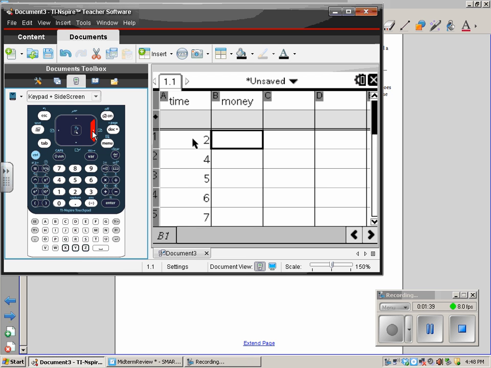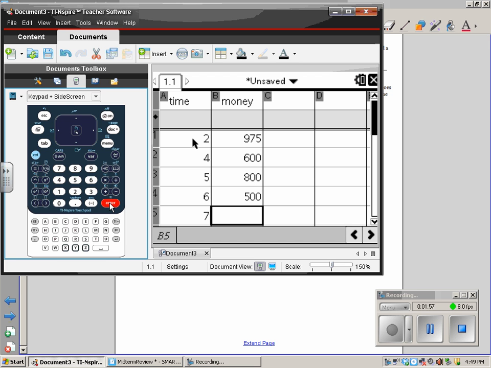And the money, he starts with 975 after 2 hours since noon, 600, 800, 500, 600. I miss you guys here to call out what I'm supposed to type in. 300, 400, and 125. So we're good.